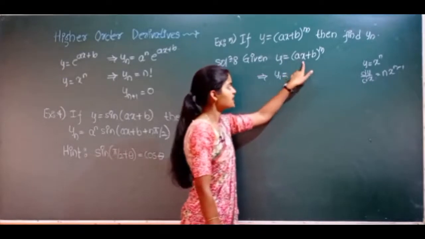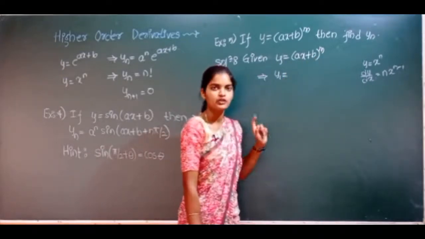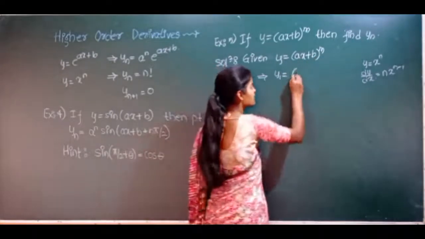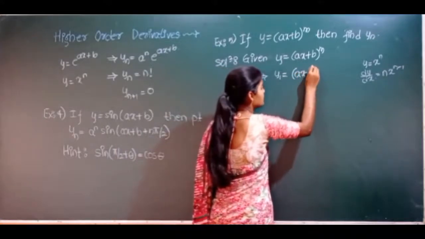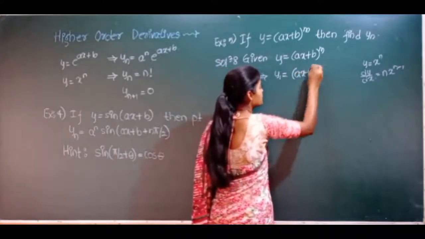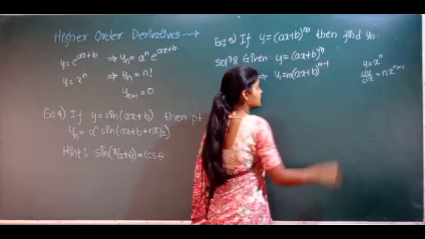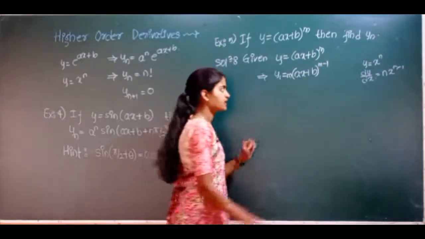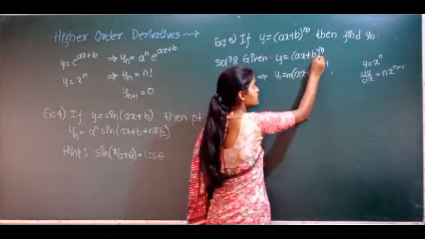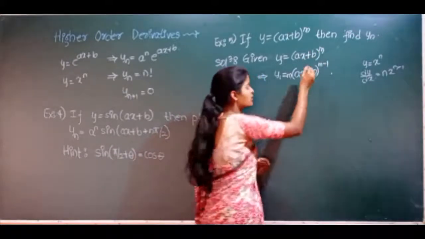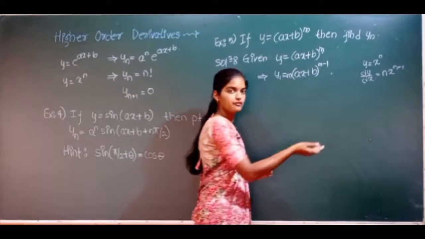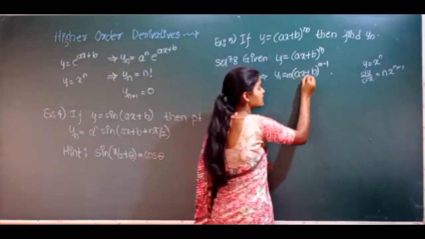Now our function is ax plus b raised to m, so its first derivative we get as m into ax plus b raised to m minus 1, into, now for the power it is over. Now whatever term is inside, we have to differentiate, that is ax plus b.